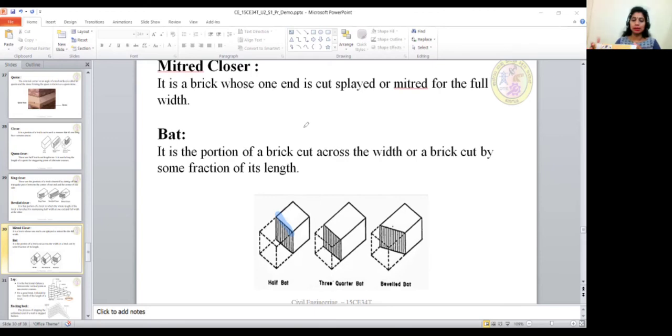See, there are different types of brick bat. In the picture you are observing half bat.